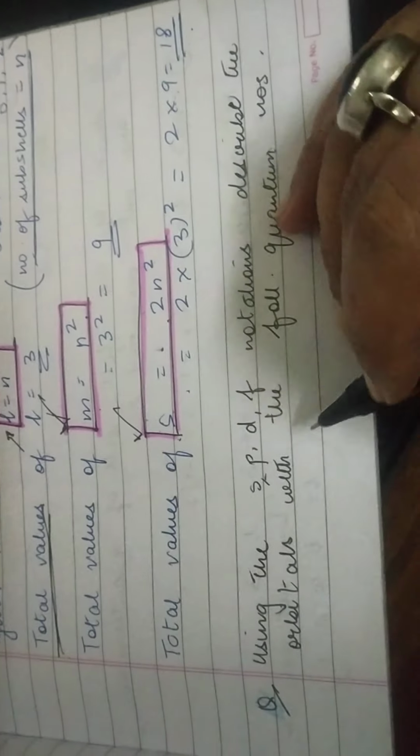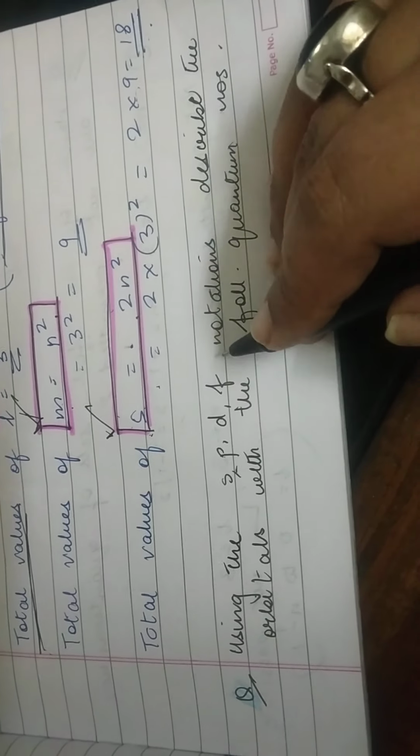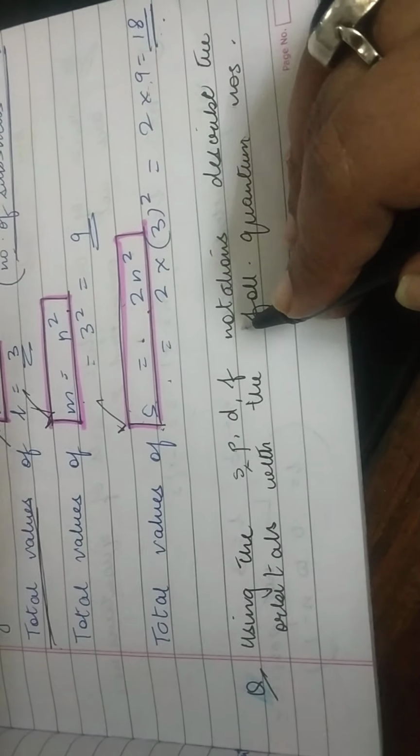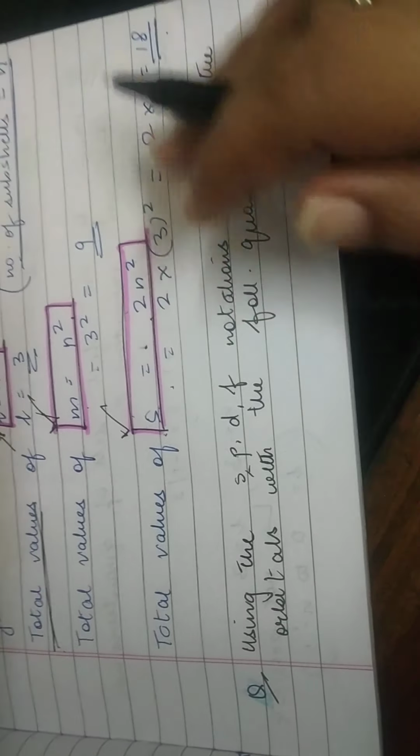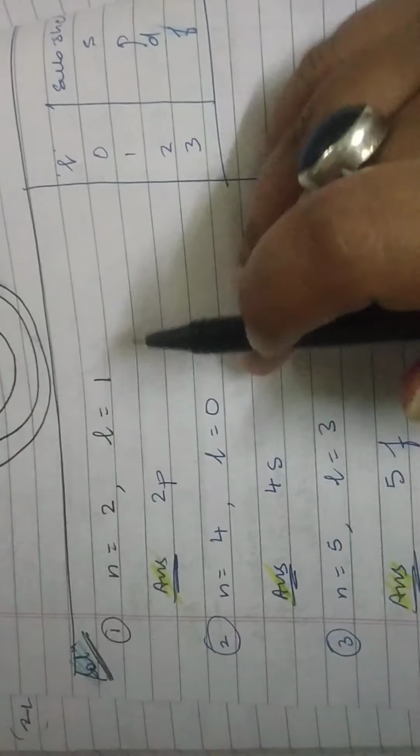Now let's come to the next example, that is using the SPDF notations. Now you have to describe the orbitals with the following quantum numbers. Again, very, very simple, students.